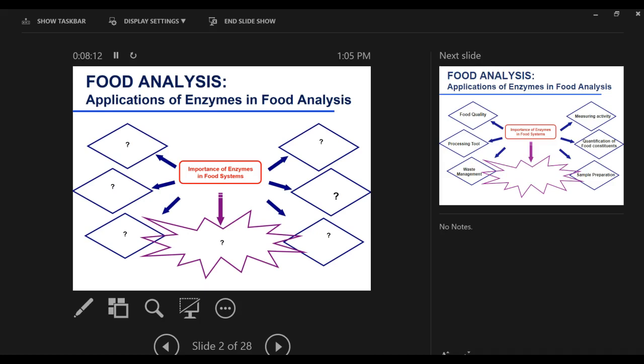Okay. So many of what we talked about falls under food quality, processing tool, sample preparation, quantification of food constituents, measuring activity. We talked about lipoxygenase for blanching, alkaline phosphatase in milk, rennet activity to determine how much rennet I need to add to the milk to produce a certain amount of curd.